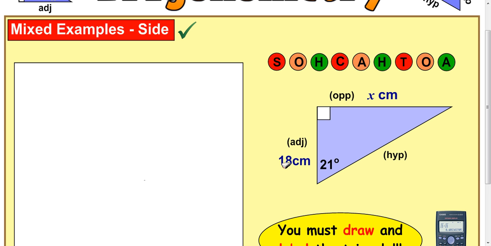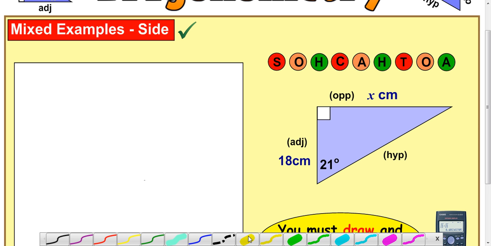Now the new part to this lesson is to actually write SOHCAHTOA out. Starting with the S and then the C and then the T. So SOHCAHTOA. Now, what we do here is we look at the triangle and we look at the information that we've been given or that we're trying to find. On the triangle here, you will notice there's nothing next to the hypotenuse.